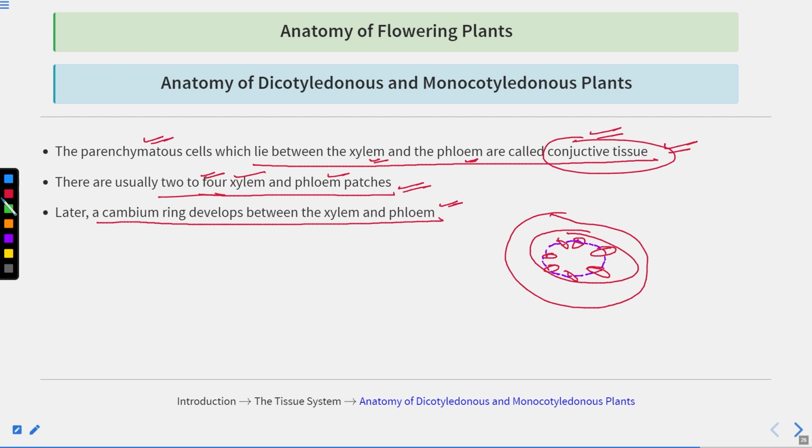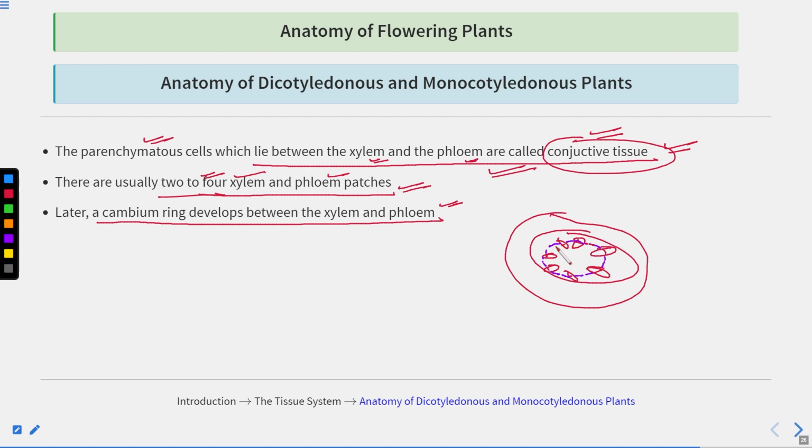Okay, so normally the cells in between are parenchymatous, but at the time of secondary growth, these cells between the phloem and xylem, the conjunctive tissue, get transformed and make the cambium ring.